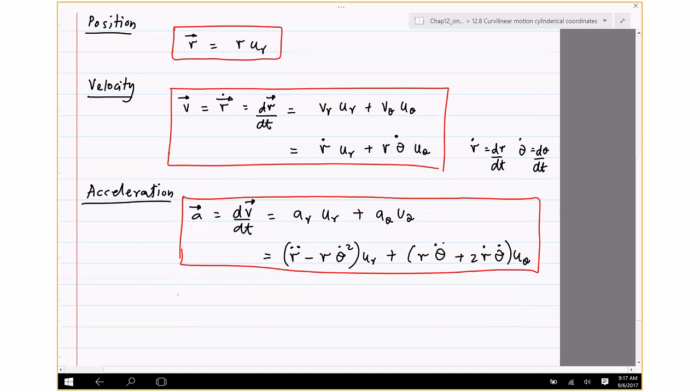Clearly r double dot is d squared r/dt squared, theta double dot is d squared theta/dt squared.